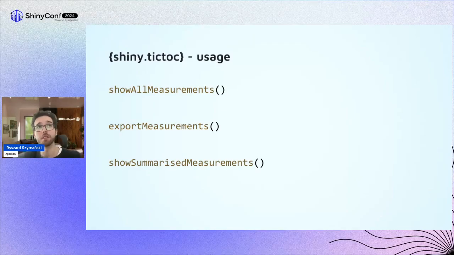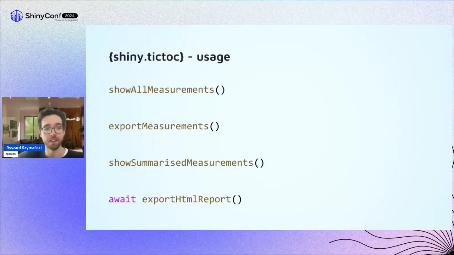This can be useful if your app evolves over time, and for example, you change some output IDs or get rid of some outputs. That way you can compare what was the slowest computation over time. And the export HTML report, which we also saw, exports an HTML file containing a timeline visualization.